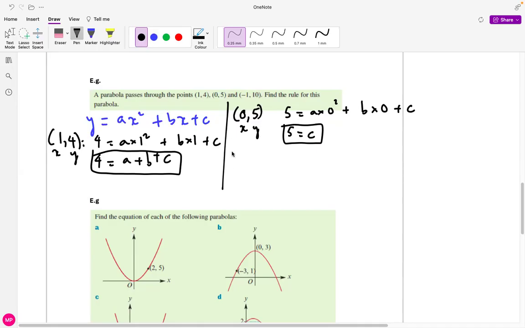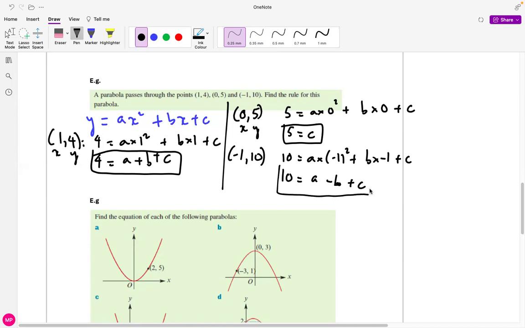Then the last point I have is negative 1 and 10. So I have 10 equals a times negative 1 squared plus b times negative 1 plus c. So 10 equals a, since negative 1 squared is 1 times a, and b times negative 1 is negative b, plus c.